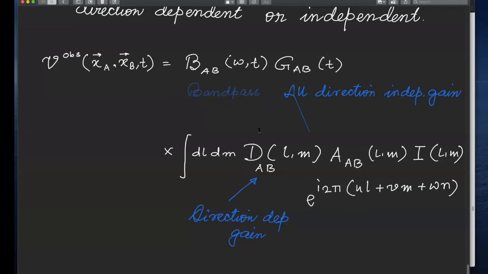Okay, so there is a short answer and a long answer. The short answer is that you call something thermal noise, right? The noise expressions that you have seen are called thermal noise, which doesn't care about the calibration errors.